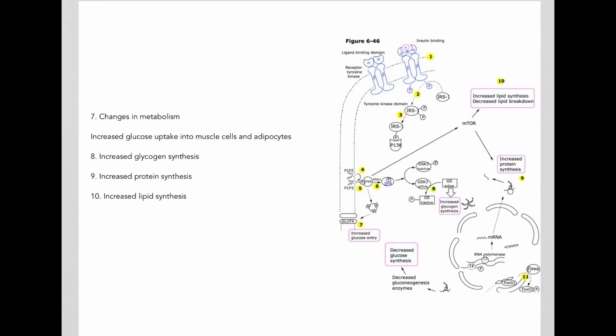And then PKB goes on to phosphorylate several proteins that we talked about earlier in metabolism. And that is going to cause changes in metabolism, such as increased glucose uptake in muscle cells and adipocytes, increased glycogen synthesis, protein synthesis, as well as lipid synthesis. So this is something we already talked about in a previous video.